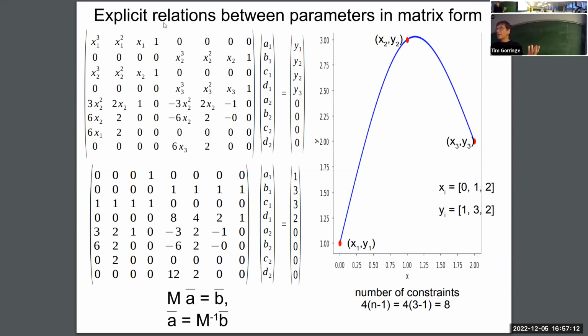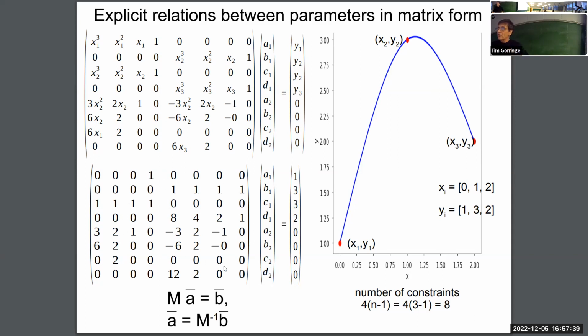And so this is a summary of those 8 constraints out of which we want to determine these 8 parameters. If I fill in the numbers, so when I go to my Python code to solve this linear algebra problem, I'm going to have to fill in the numbers for the values of the data points. This is the corresponding problem I have.